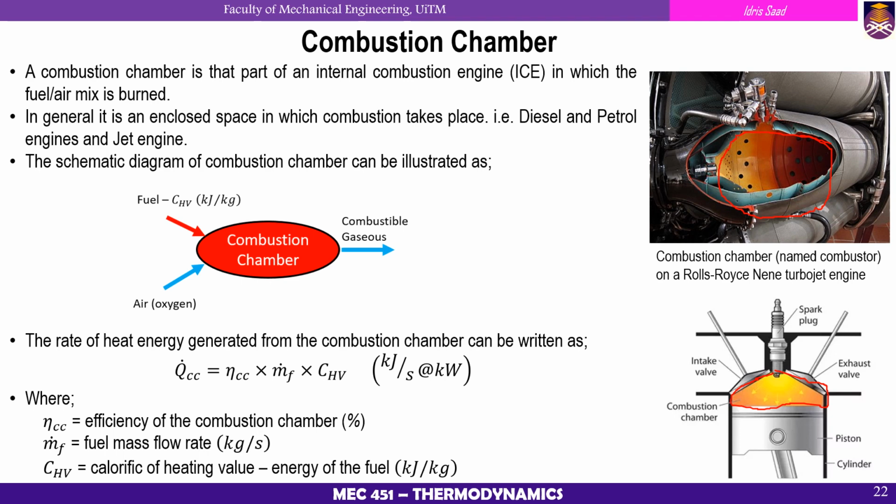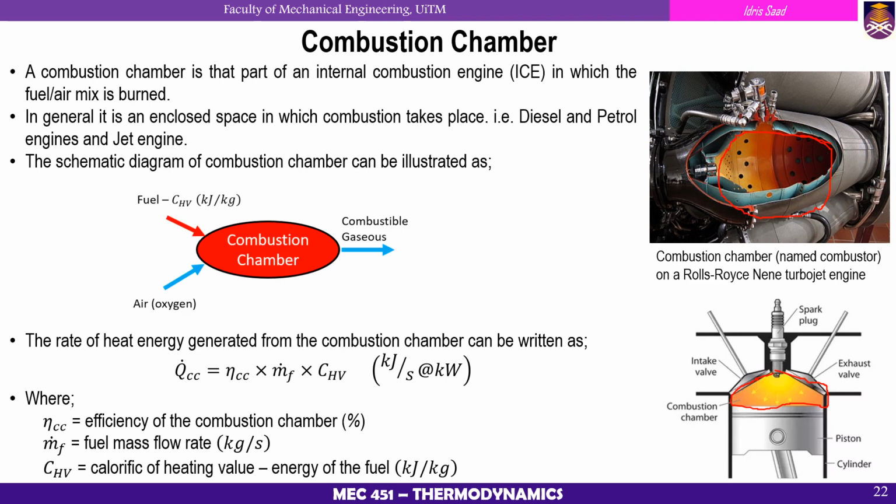Normally, we use oxygen in the atmospheric air because it is the easiest and cheapest source of oxygen. So, a combination of the fuel and oxygen in the combustion chamber at a certain temperature will result in the combustion process. That means each fuel will be burned with oxygen at a certain temperature.